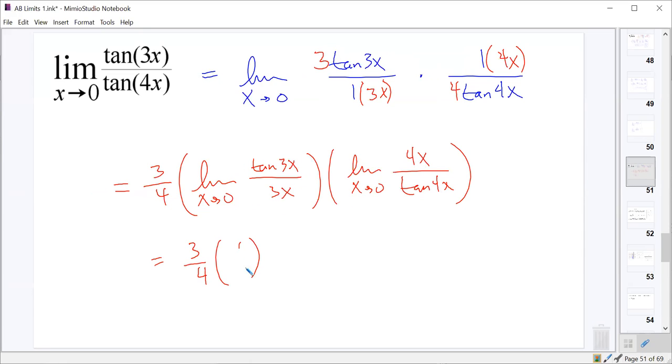First one, 1, and the second one can also be 1. Pretty good there or no? Yeah.